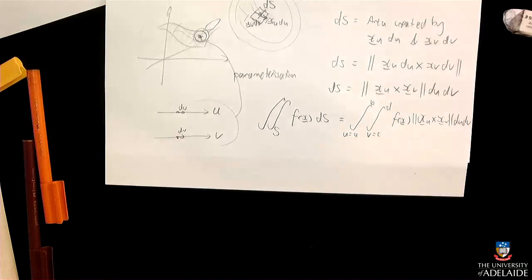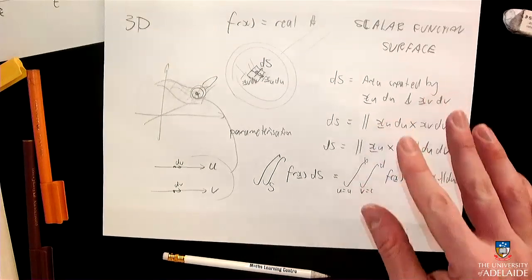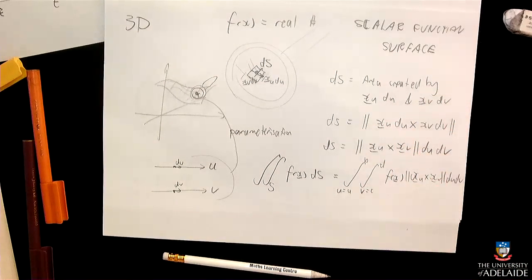Okay. Cool. I can now add up all those little numbers across the entire surface as long as I have a parameterization.